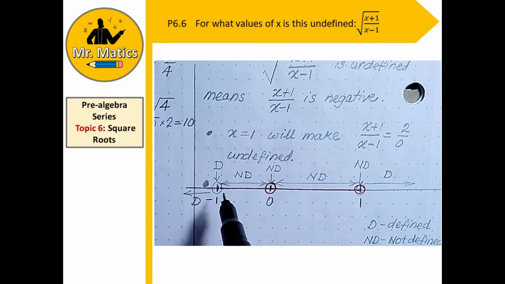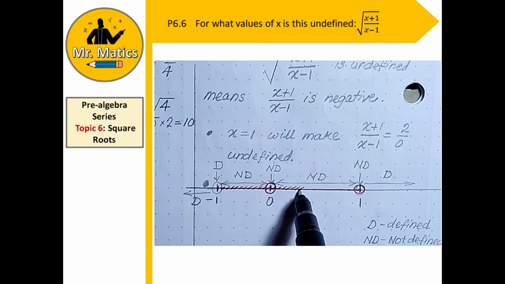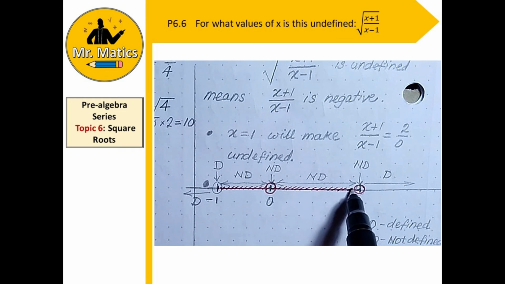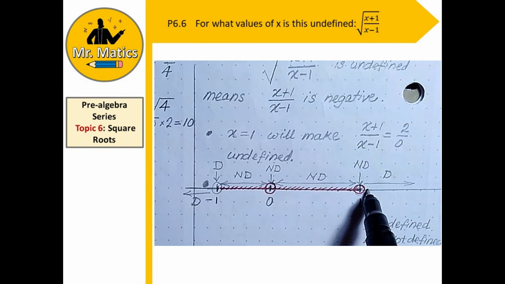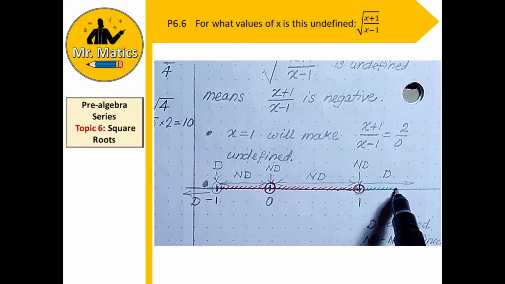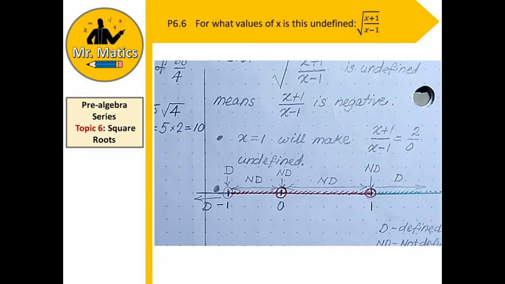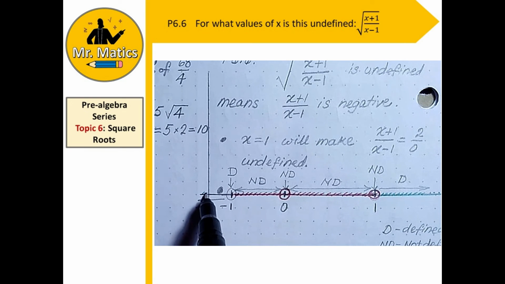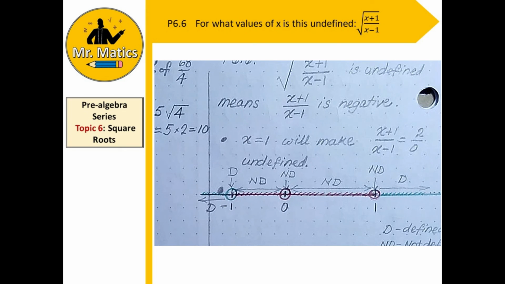Minus 1 is not included in the not defined. So all this hashed area is not defined. And now I'm going to use green. These are all defined areas, including this number.